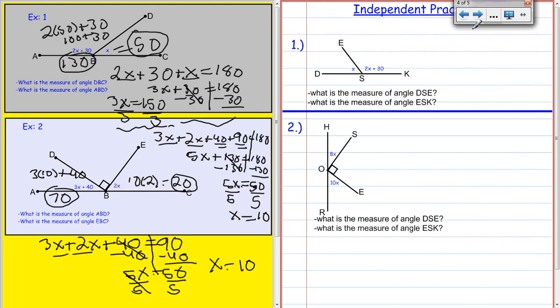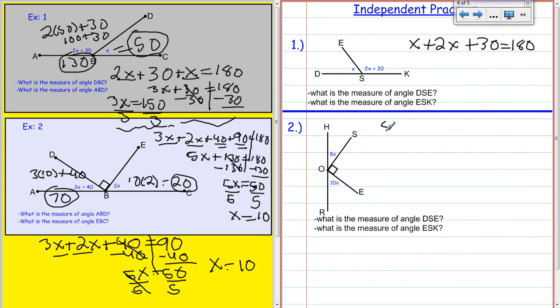All right, now here's some independent practice for you. On the right side over here, these are going to equal 180. So y'all can write this down and try it yourself to find the two angles. X plus 2x plus 30 equals 180 because it makes a straight line. So y'all try that one and plug it back in. Right here, you could do this two ways because that's a 90-degree angle.